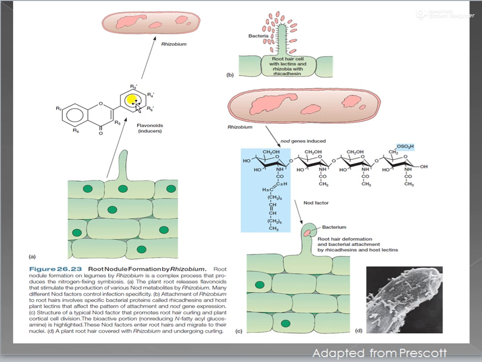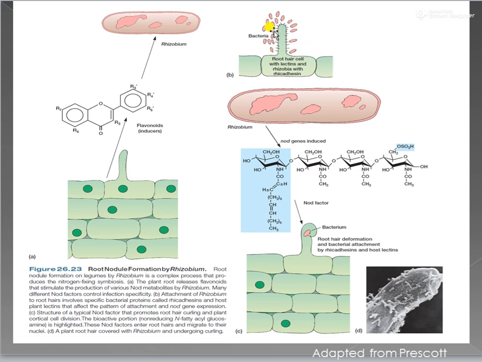These flavonoids get induced and go and attach onto the rhizobium. This is a type of signaling that is happening. Once these flavonoids attach to the rhizobium, certain genes in the rhizobium get activated.